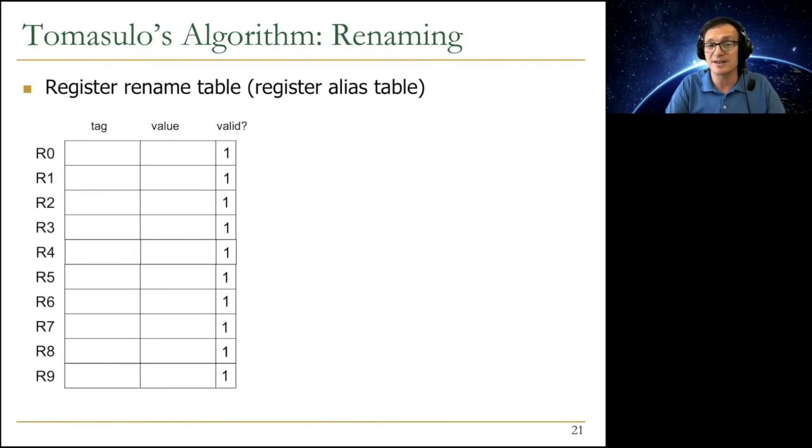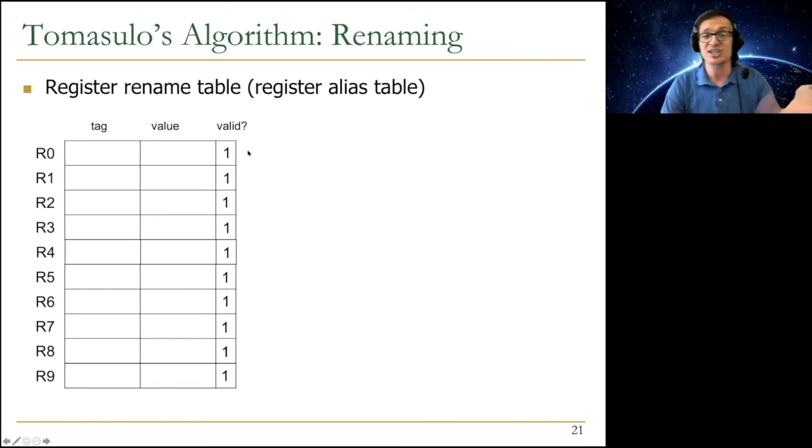And this is going to be what we're going to use, the register rename table, but I've already shown you this in the picture that I drew, right? Now this is our register alias table. Registers can have valid bits. A register is valid if the value is trusted over here, meaning that the value is written into the register file, in which case the tag is not important. If there's an instruction in the machine that is going to write to a register but has not written to it yet, that will set the valid bit to 0, and this value will stay 0 as long as the register is not written.